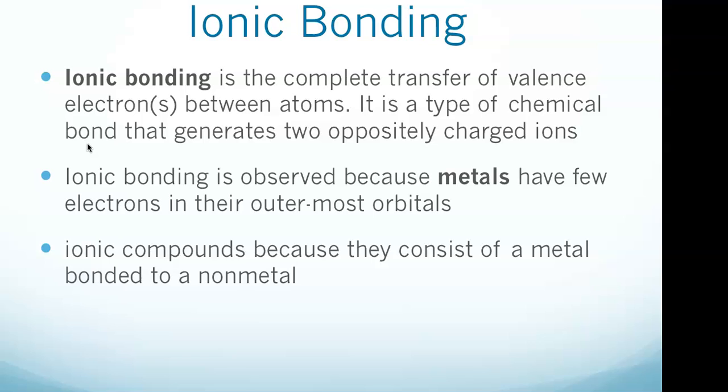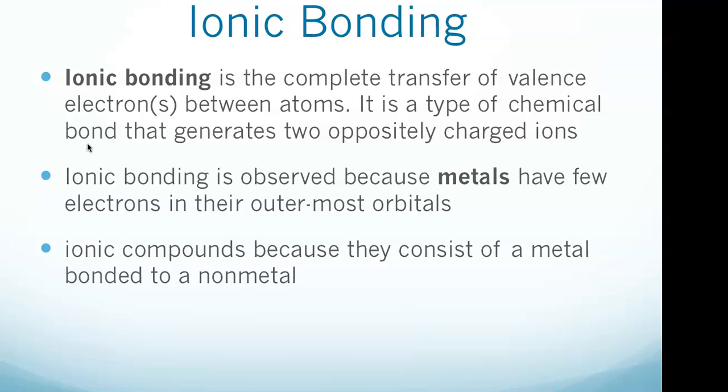Ionic bonding is observed because metals have few electrons in their outermost orbitals. By losing those electrons, these metals can achieve noble gas configuration and satisfy the octet rule. Nonmetals that have close to 8 electrons in their valence shells tend to readily accept electrons to achieve noble gas configuration.